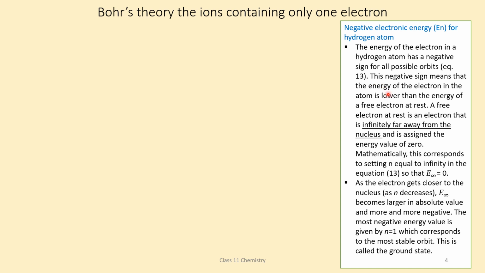This negative sign means that the energy of the electron in the atom is lower than the energy of a free electron at rest. A free electron at rest is an electron that is infinitely far away from the nucleus and is assigned the energy value of 0.